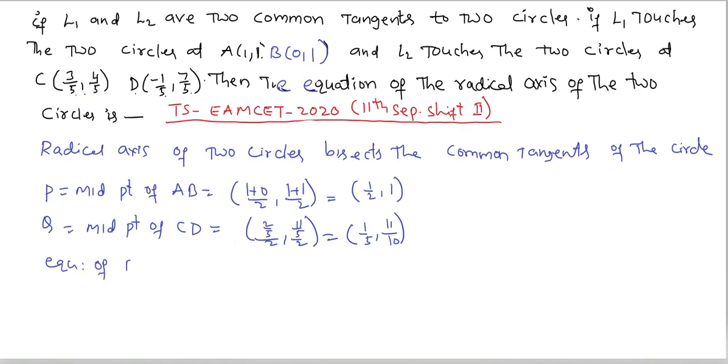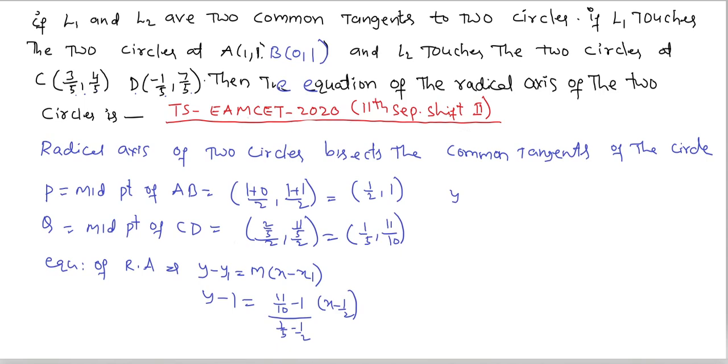So the equation of the radical axis is y minus y1 equals m times (x minus x1). That is y minus 1 equals slope, (11/10 minus 1) divided by (1/5 minus 1/2), into (x minus 1/2).